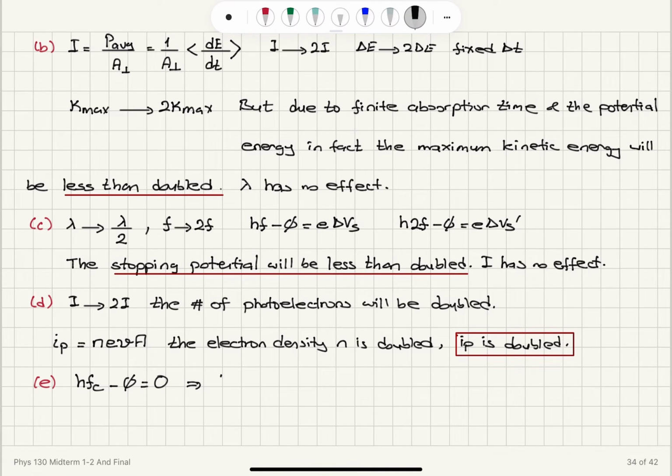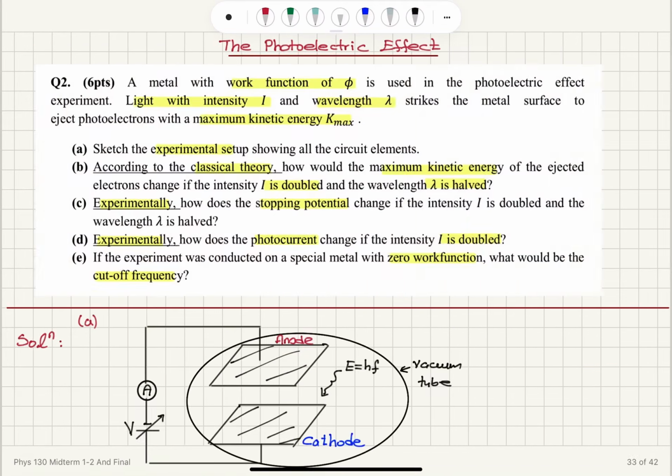We would have a cutoff frequency f_c equal to the work function phi divided by Planck's constant h, equal to 0. So we would have the 0 cutoff frequency if it were possible.